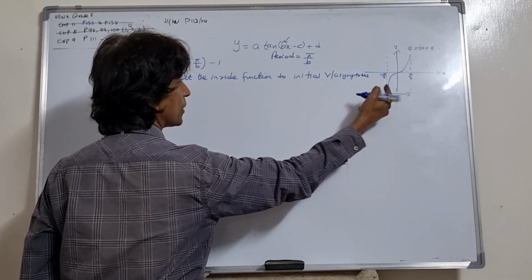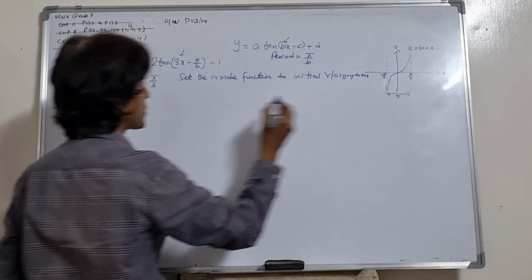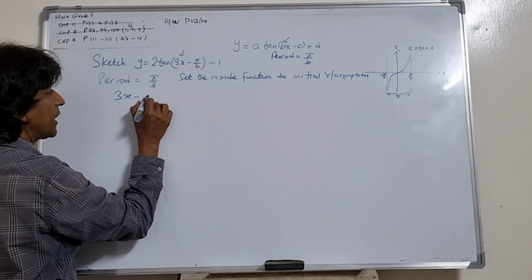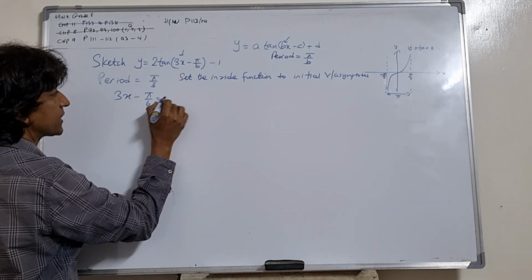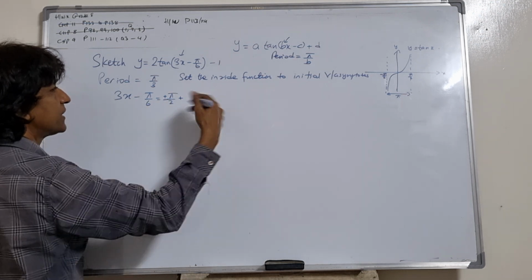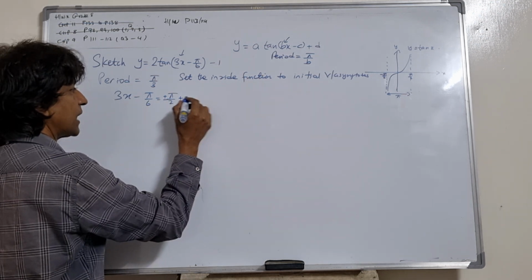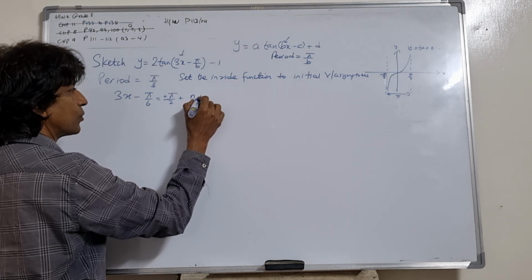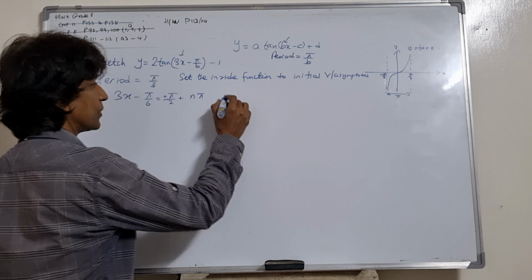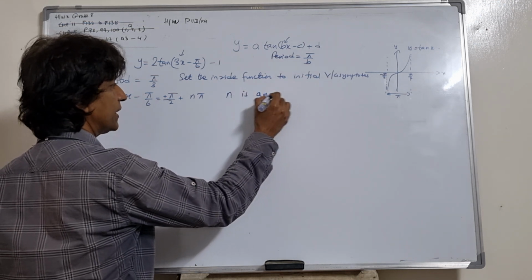The vertical asymptotes are minus π/2 and π/2. So the inside function is 3x minus π/6 and that's going to be set to plus or minus π/2, plus any successive vertical asymptotes, which is going to be nπ, where n is an integer.